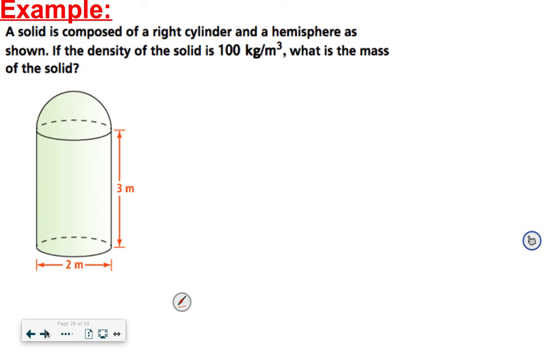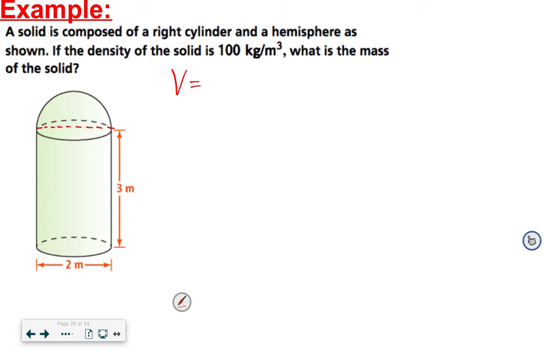A solid is composed of right cylinder, this is the right cylinder, and a hemisphere as shown. This is the hemisphere. If the density of the solid is 100 kilogram over cubic meter, what is the mass of the solid? First of all, ladies and gentlemen, I would like to give this information.